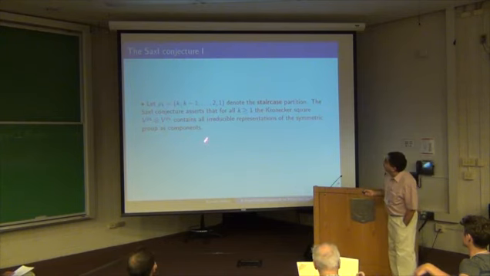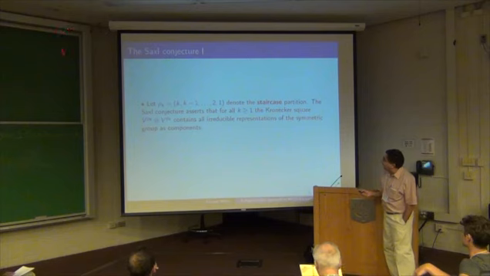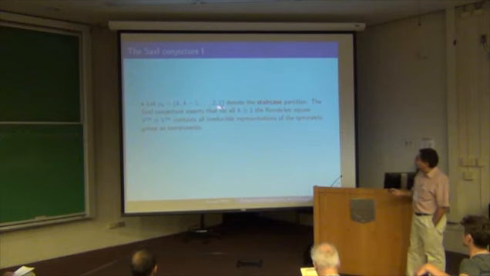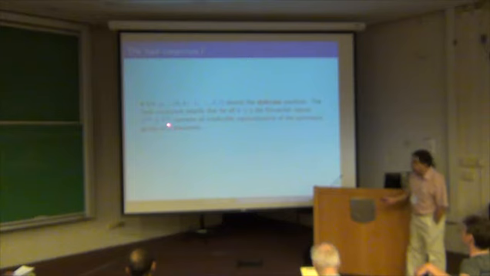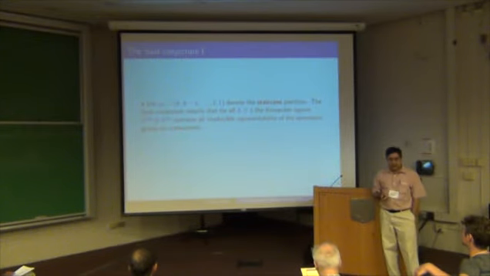Okay, then I'm going to state the success conjecture. Let rho k be the staircase partition. Then the success conjecture asserts that for all k greater or equal than 1, the Kronecker square V rho k tensor V rho k contains only reducible representations of the symmetric group.